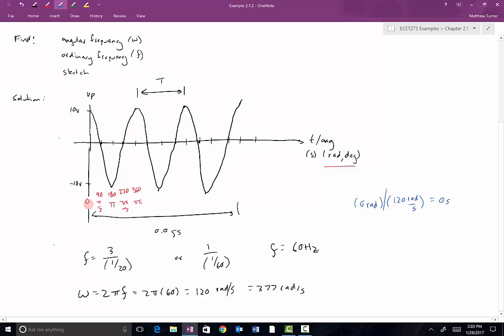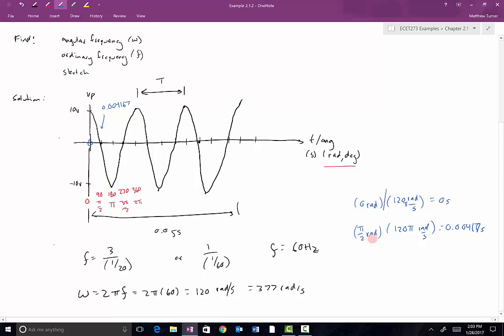If we then take pi over 2 radians and divide it by 120 pi radians per second, we would get 0.004167 seconds. That's when it goes to 0.